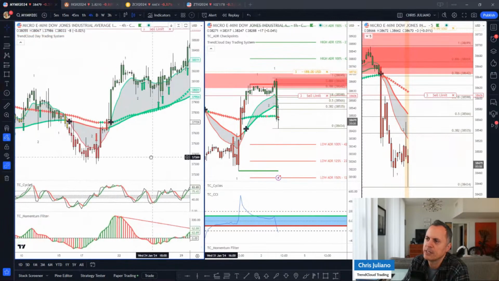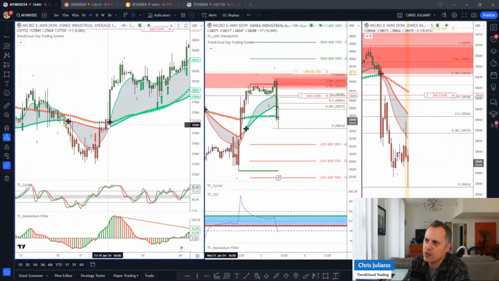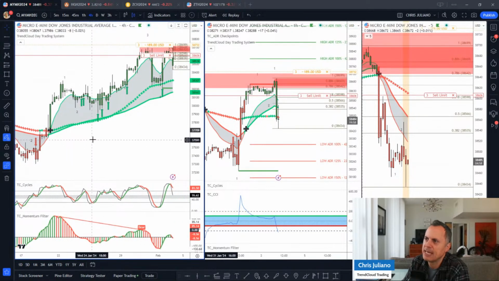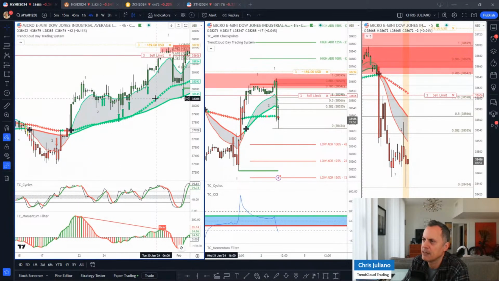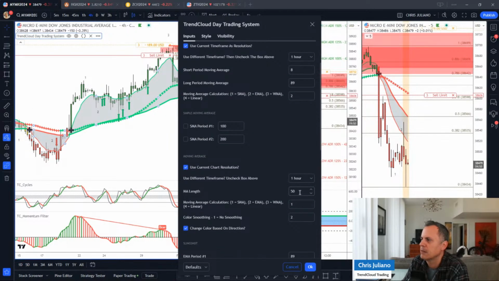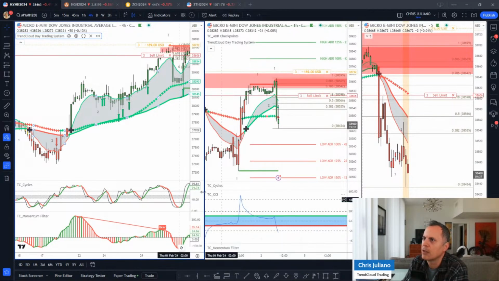So what he's doing is right here is the crossover of the 8 and the 89. And now he's waiting for a pullback to the 89. So you can even make the 50, 89 as well, and make that 2, because you want the exponential.